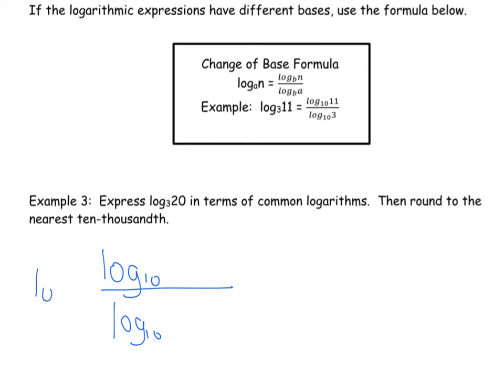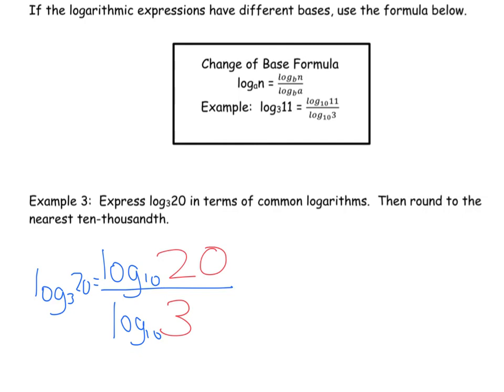And our equation originally, I'm going to write that here, was log 3 of 20. And based off of the formula, we see that the small number here went on the bottom. So here the small number is 3. That's going to go on the bottom. And we see that the large number went on top. So we're going to take our large number, which was 20, and put it on top.